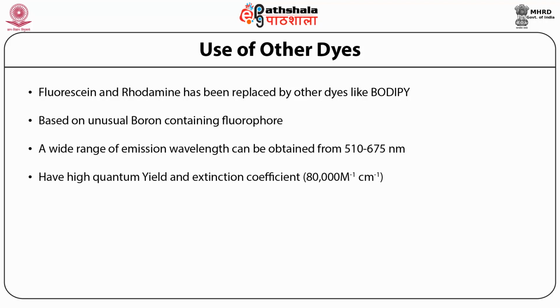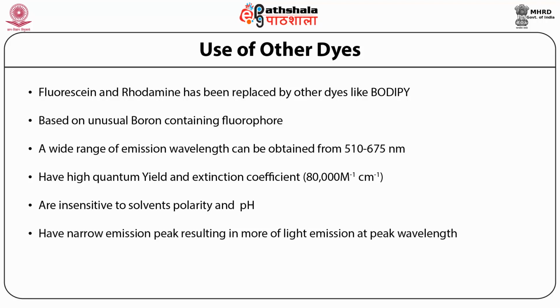It has a high quantum yield and an extinction coefficient of 80,000 per mole per centimeter. It is also sensitive to solvent polarity and pH, therefore making it good for dynamic studies of proteins also. It has a narrow emission peak, resulting in more light emission at the peak wavelength.